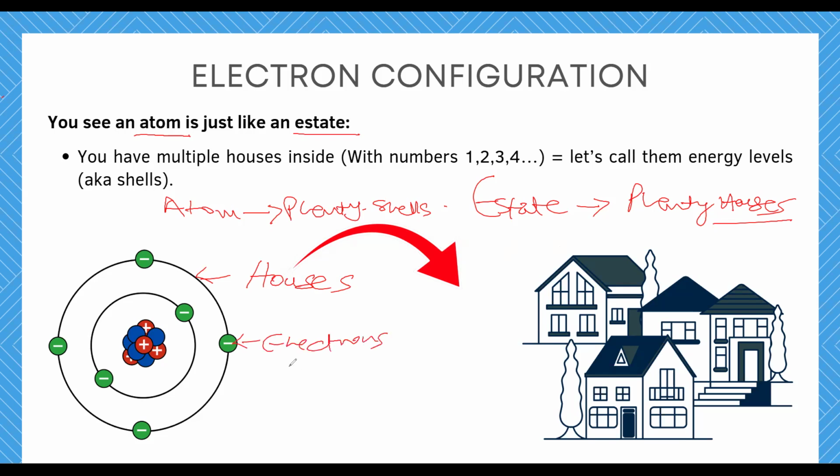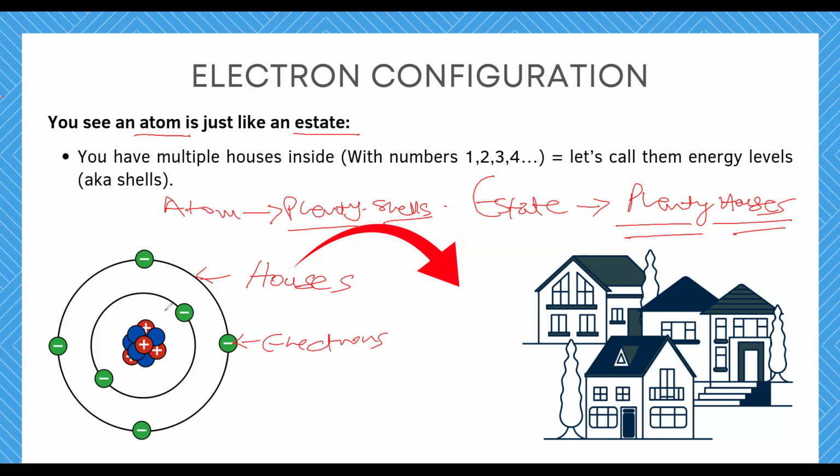Did you see that? Inside an estate, you have plenty houses, and then those houses have people that live inside. An atom is just like that estate. An atom has plenty shells contained inside it. Some atoms have more shells than other ones, okay? But depending on the number of shells that are present there, we have electrons that are staying inside each and every one of those shells.